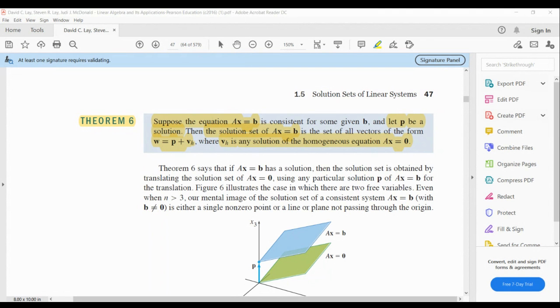And then if you have a corresponding non-homogeneous differential equation, the solution is going to be the homogeneous solution plus a particular solution.